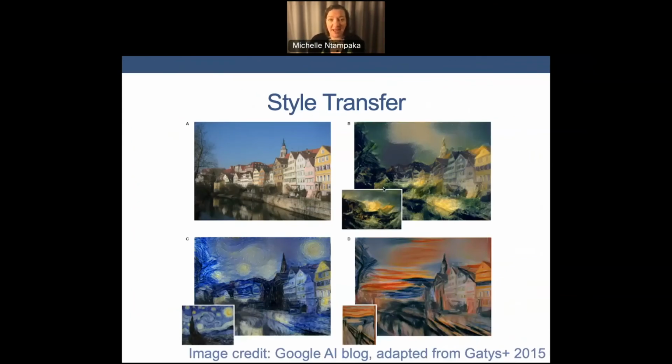On the technique end of things, there are new techniques in ML that I'm just really enthusiastic about, and I want to highlight a couple of them. The first one is style transfer. You see an image on the top left, and style transfer can be used to take the style of another image, in this case, a couple of famous paintings, and reimagine that image of houses as it might be painted by Van Gogh, for example.